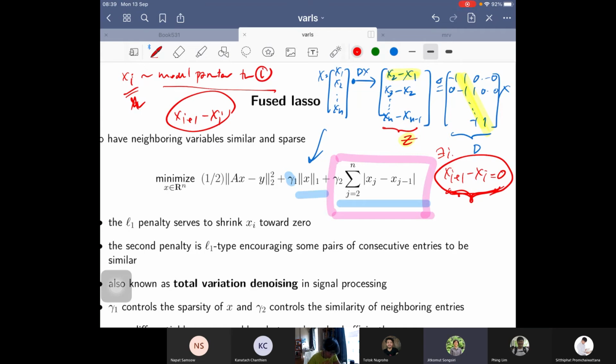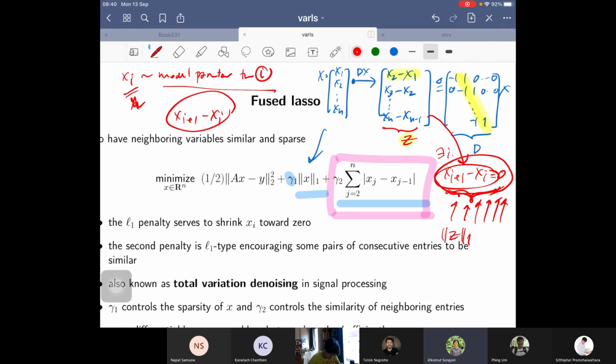So with that purpose, you put the L1 norm of z, because your purpose is to put sparsity in z, and sparsity in z means that your original x has no change for some entries of i.